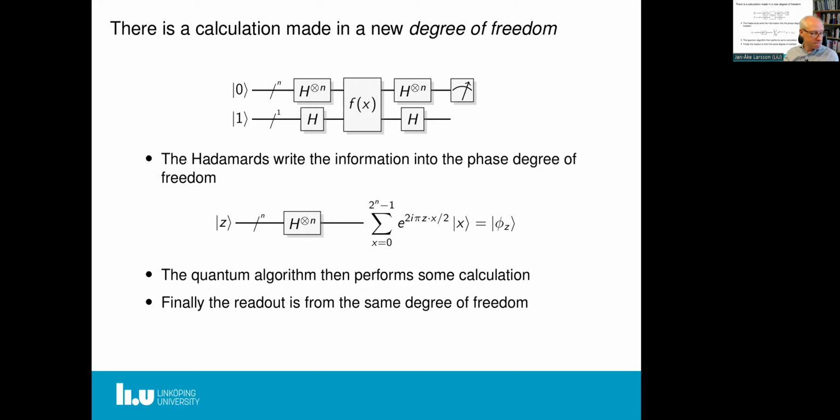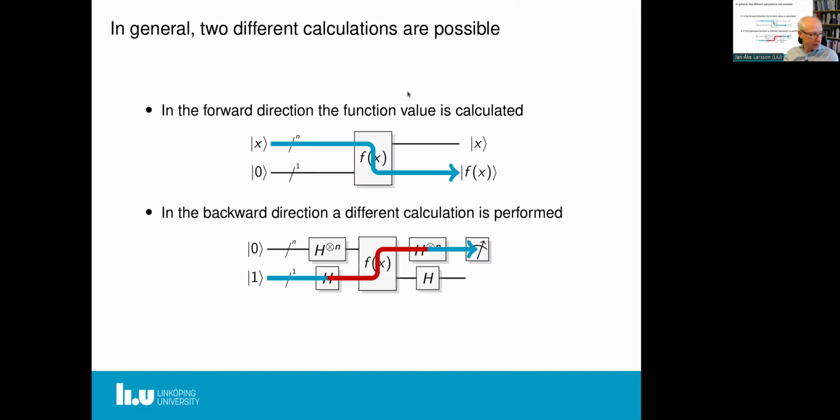So there's calculation going on here in the function box, but it's in the phase degree of freedom, and it takes inputs from the bottom and makes the output on the top. So it's two different calculations. Either, if you're interested in the function value, you do the calculation in the forward direction.